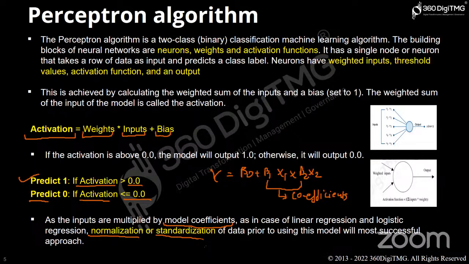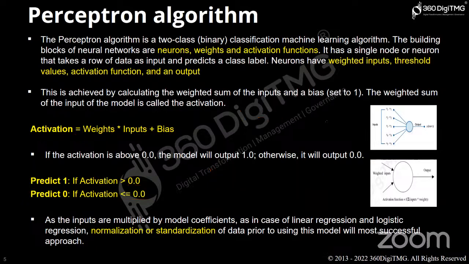We try to keep a limit on the value of these numbers that we are dealing with. So we just try to standardize or normalize. All right. So this is the perceptron algorithm. In the perceptron algorithm, you have to remember you have one neuron, only a single neuron doing all the decision making for you. All right.